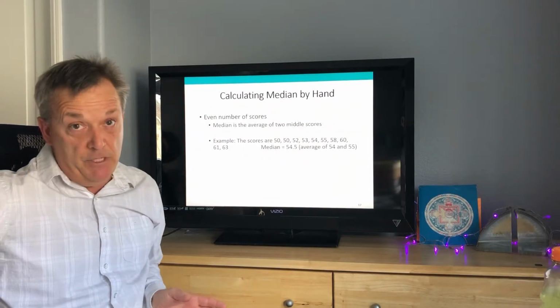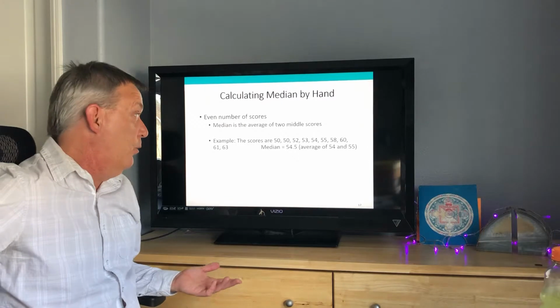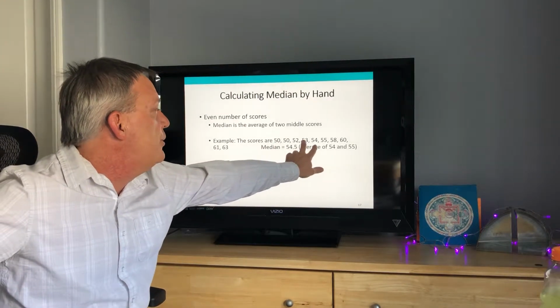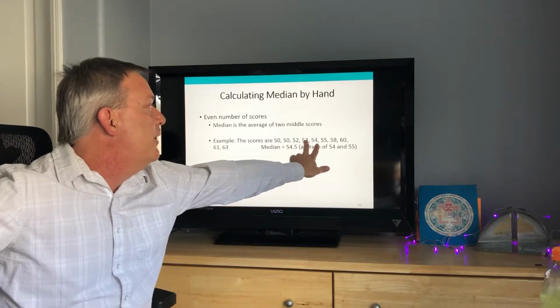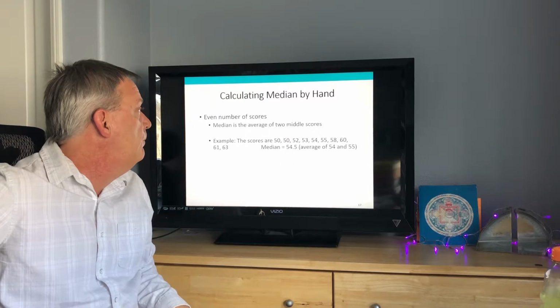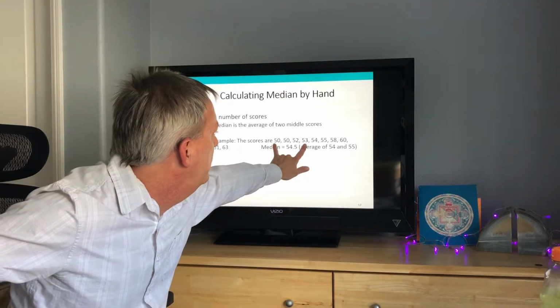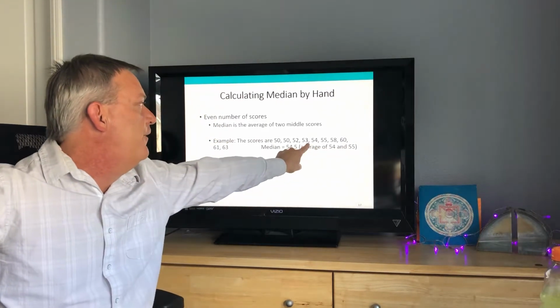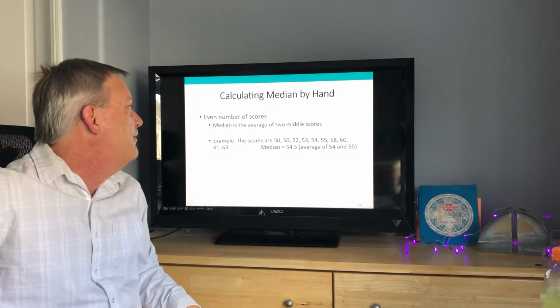When you have an even number of scores, you don't know where exactly the middle one is, right? And so basically what you do is you take an average of the 2 middle scores, which is 53 and 54, and you have 53, or well, I did it wrong, didn't I? It should say 53.5, not 54.5.